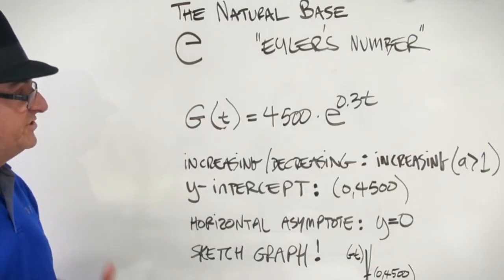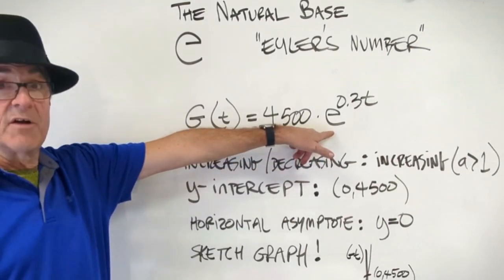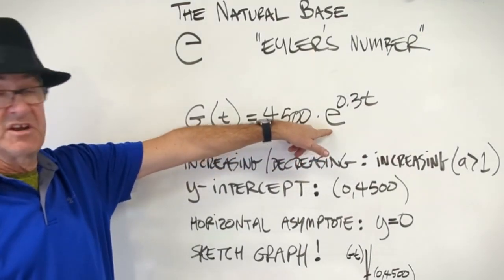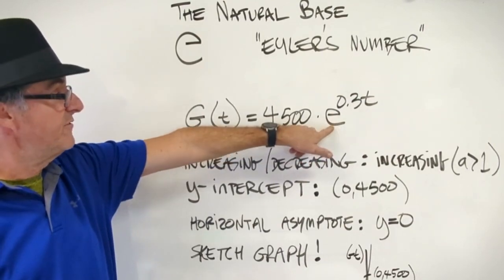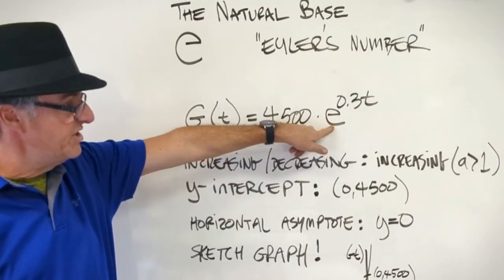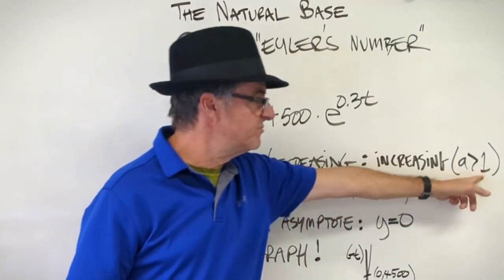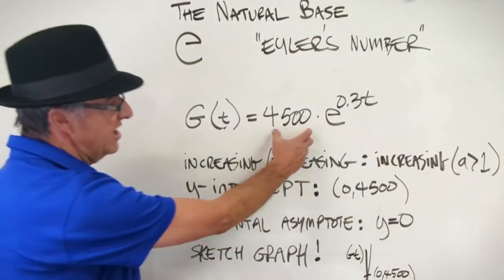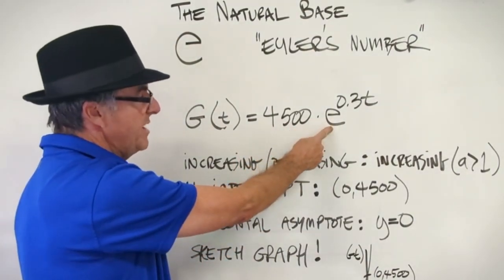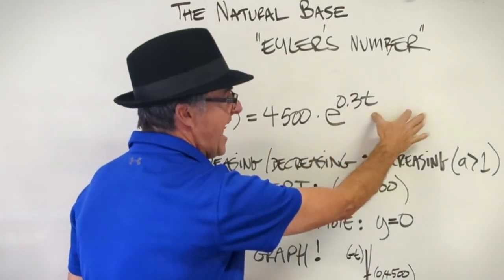Okay, the function is increasing. e is our base, and it's definitely bigger than 1. It's 2.71828, and so on. So we know this function is increasing. I wrote that there: a is bigger than 1. Second point, y-intercept. It's the constant that's multiplied by the base plus whatever is added at the end.